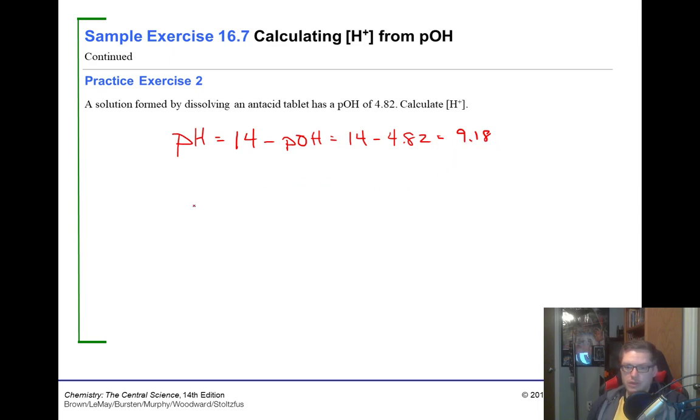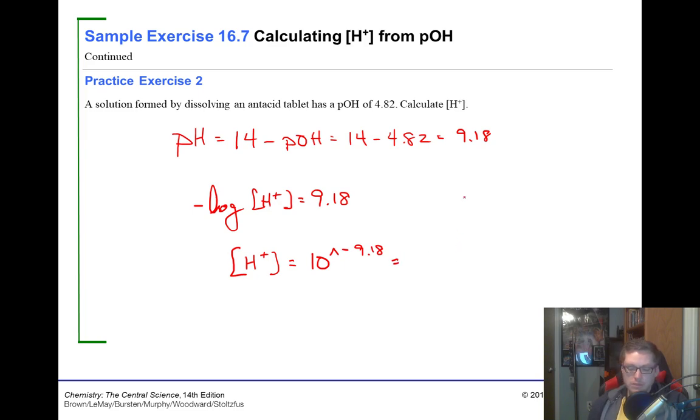Now, we know that the negative log of the concentration of H plus is equal to 9.18. So to get rid of that negative log, what we have to do is take the anti-log. And anti-logs are 10 to whatever the value is. Now, because we get that negative sign, it would be 10 to the negative 9.18.